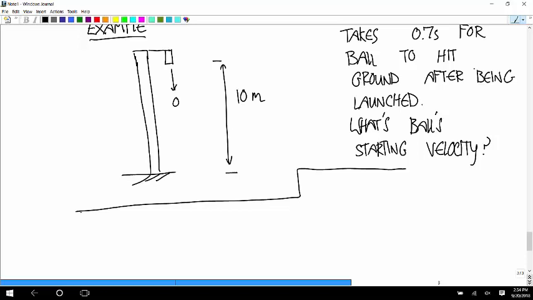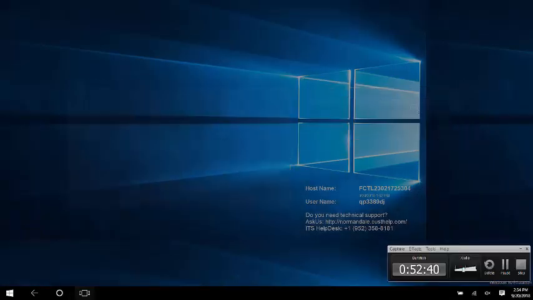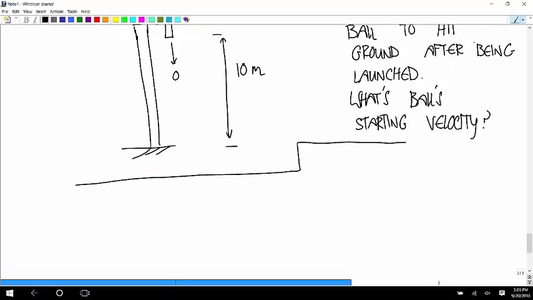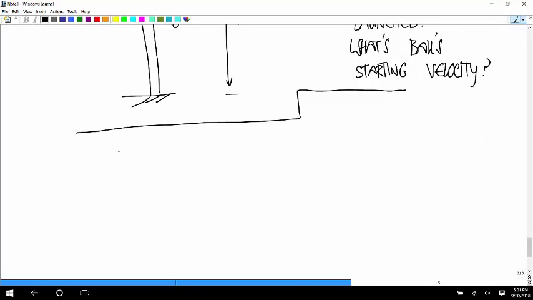Try to go through all those steps for now. Later, as you've done a lot of these problems, you might start cutting out some of the steps and just doing them in your head. For now, I would recommend just going through all of them explicitly. Okay, so time equals 0 is going to be the instant it's launched.